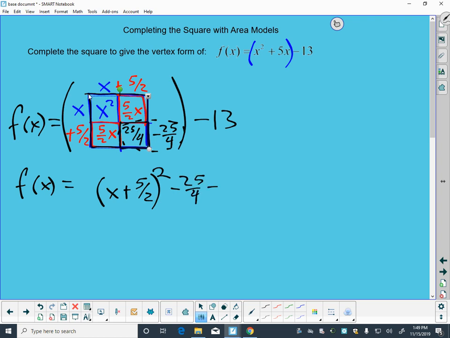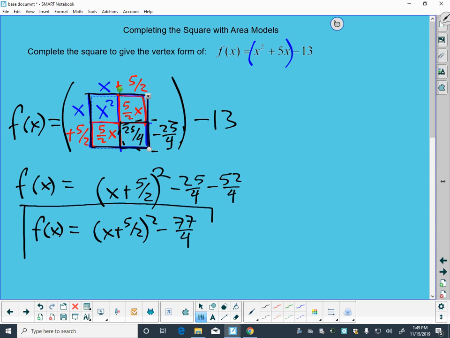And we'll change this into a minus 52 fourths so we can combine those together. And we get f of x is equal to x plus 5 halves squared minus 77 fourths. And this is the vertex form of x squared plus 5x minus 13.